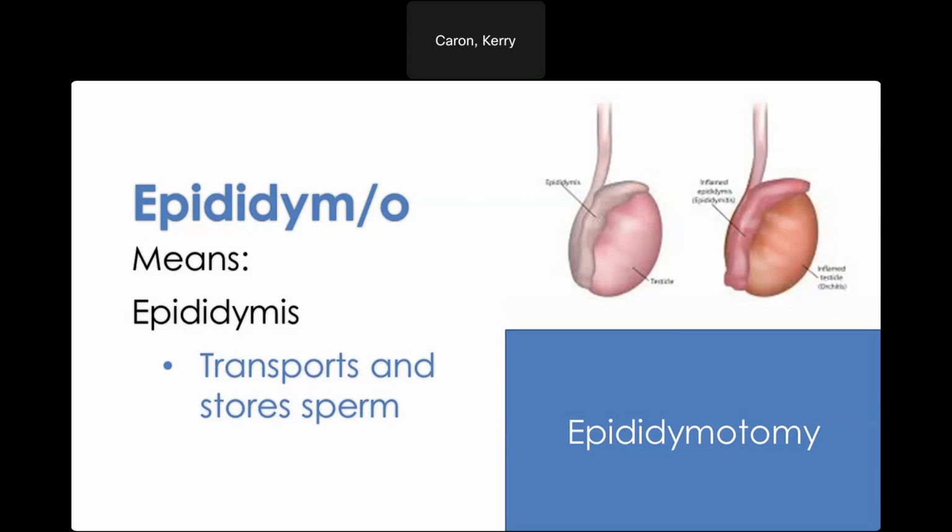Epididymo is referring to the epididymis. The epididymis is this crescent moon-shaped organ that stores the sperm produced by the testes until it's ready to be transported via the vas deferens. An epididymotomy is an incision of the epididymis.